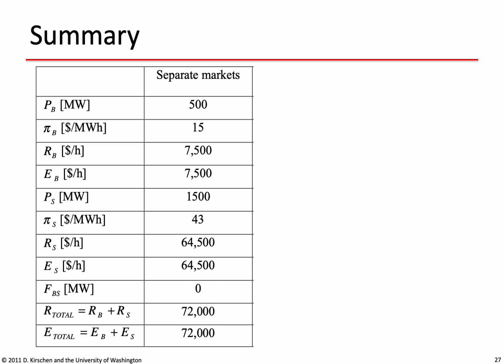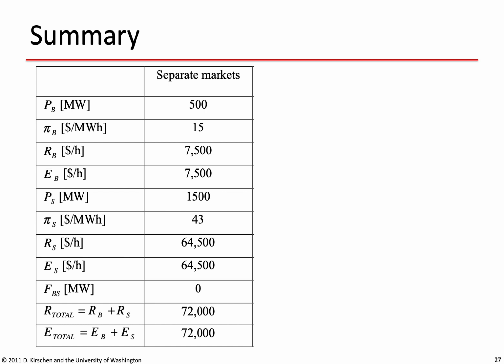The table on this slide summarizes the results that we get with these different markets. So let's start with the case where we have separate markets. I mean that we have no interconnection between Borduria and Syldavia. In that case, the power produced in Borduria, PB, is equal to the demand in Borduria, and it's 500 megawatts.